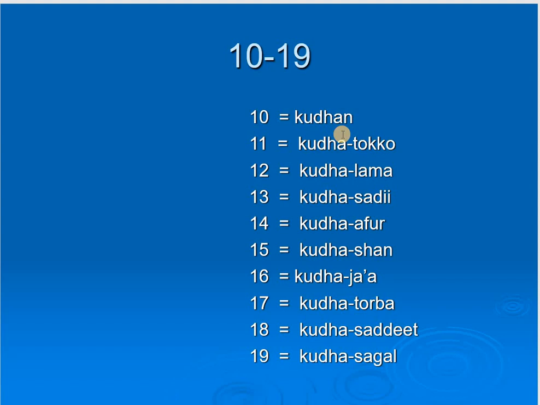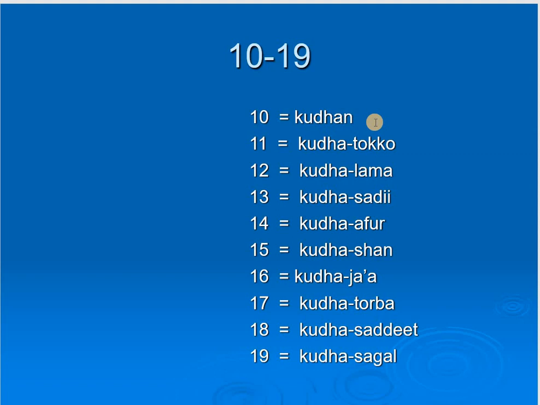But in some parts of Oromia, some Oromo people say it like this: kudani tokko, kudani lama, kudani sadi, kudani afur, kudani shan, kudani ja'a, kudani torba, kudani saddeet, kudani sagal.